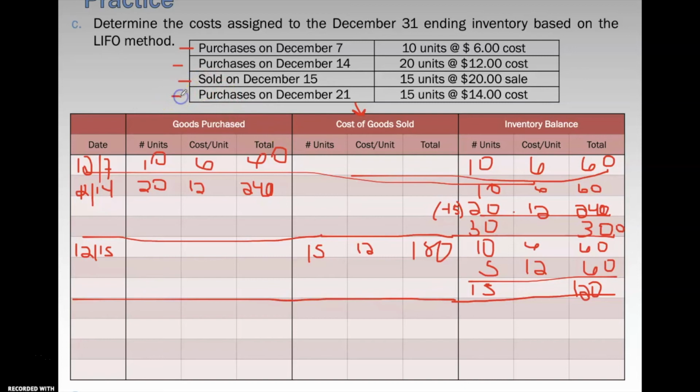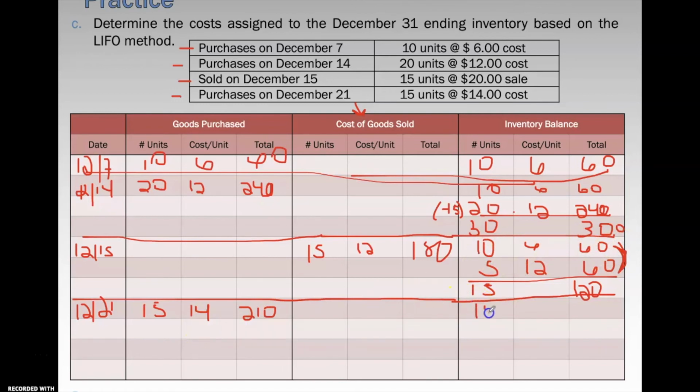Okay. Last part's the purchase on December 21st. We're just going to add that in. It was 15 units, $14 each. I believe that was $210 as the total. Okay, so now what do I have? Well, I have the 10 and 5 units plus the 15.